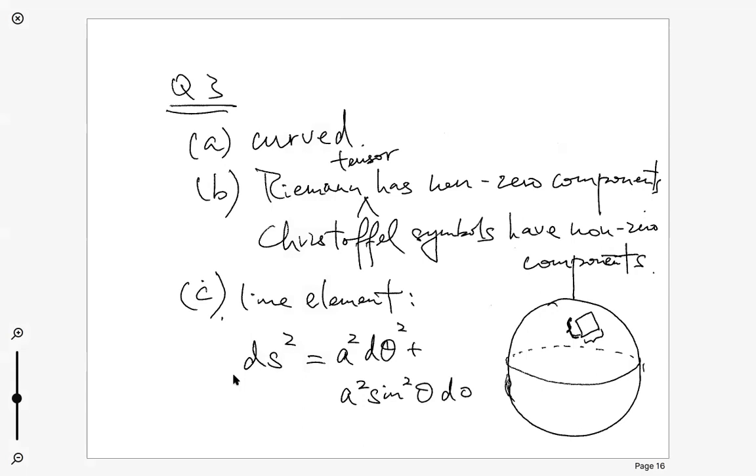The reason is because this part is nothing but a d theta, and this distance is a sine theta d phi. I hope you have got this right. This should not be very difficult.